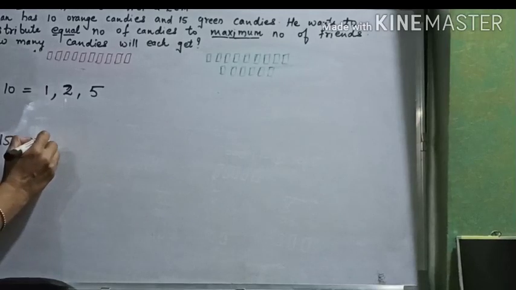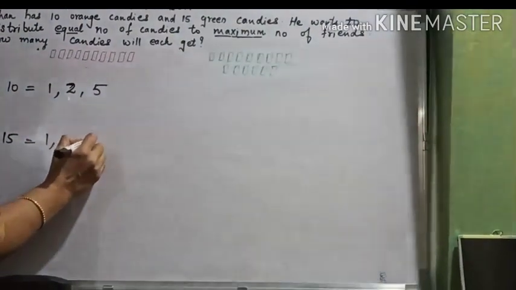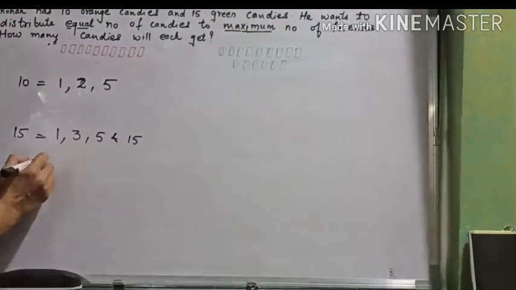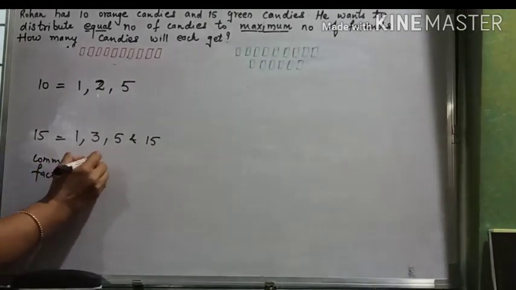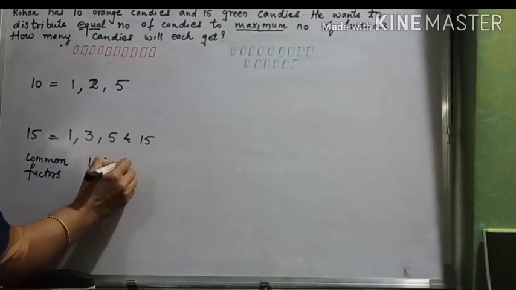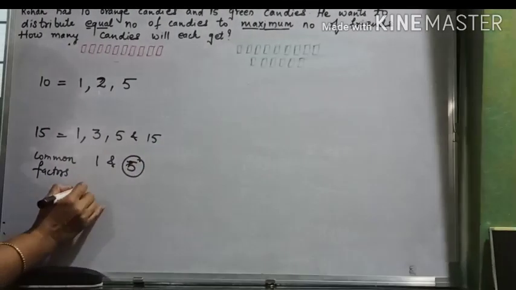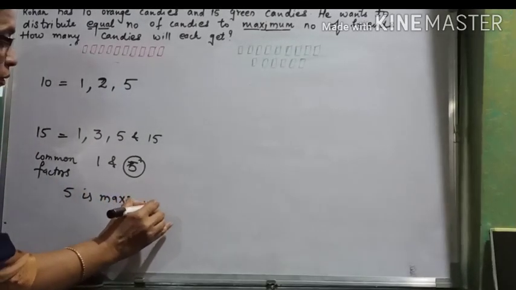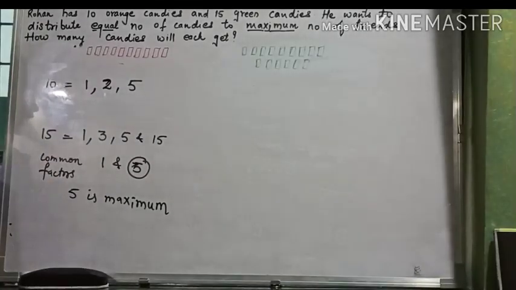Then 15 is divided by 1 itself, then 3, 5 and 15. Now write the common factors. 1 and 5. So 5 is the maximum number of friends he can distribute the candies to.